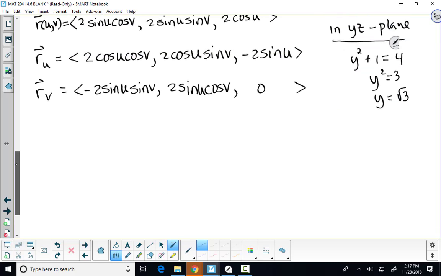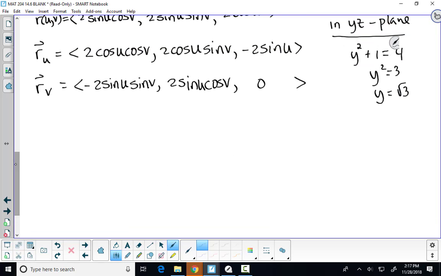Okay, so then we find our normal vector by crossing these. All right, so that's 0, and then that multiplied by that is going to be 4 sine squared u cosine of v.